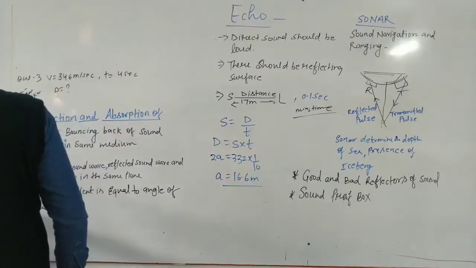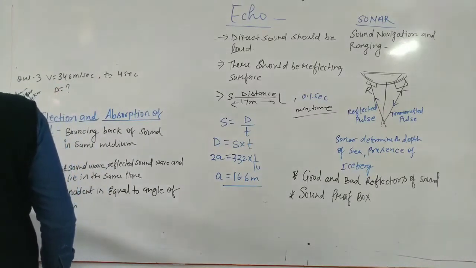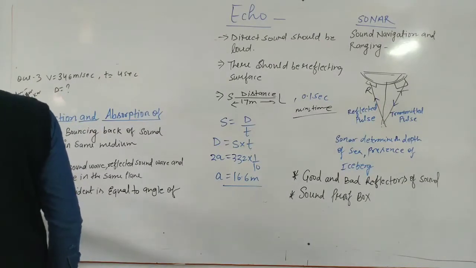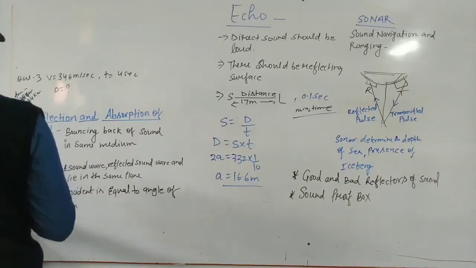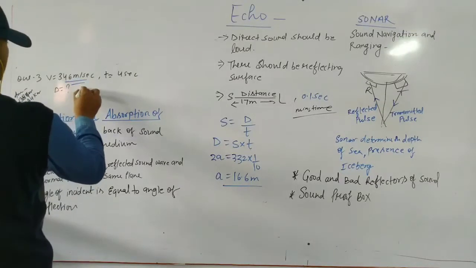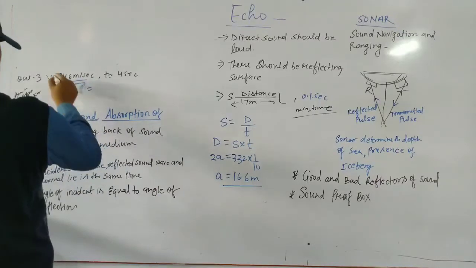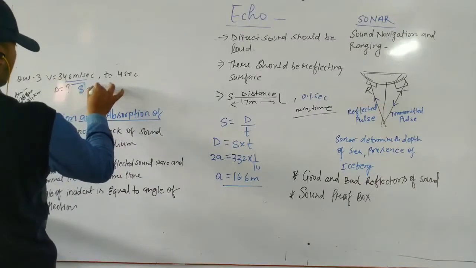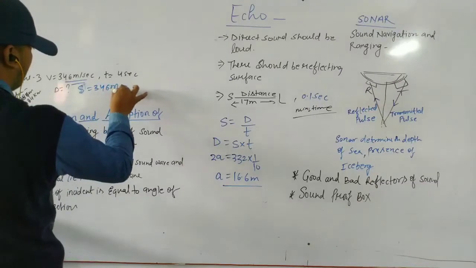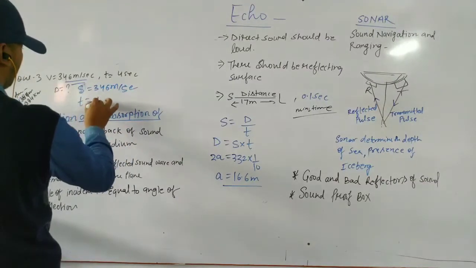Question number 3. A sound is heard 4 seconds later than the lightning is seen in the sky on a rainy day. Given the speed of sound is 346 meter per second. We can write speed as 346 meter per second, and the time is 4 seconds.